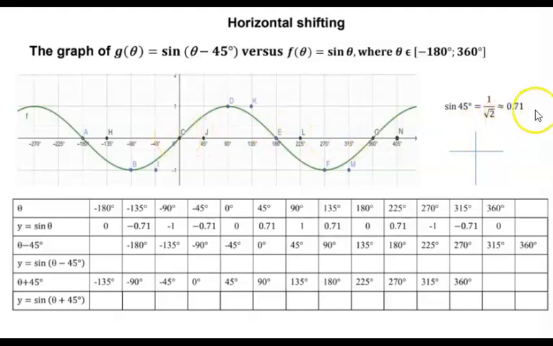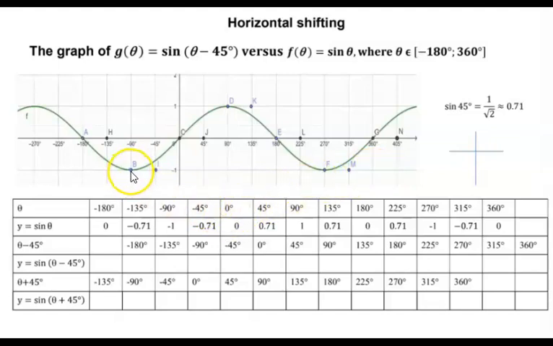On this graph we cannot draw as accurately as 0.71, so it's just an estimate, but the graph here is drawn by GeoGebra, which can draw it accurately. Good, so let's look at certain points.